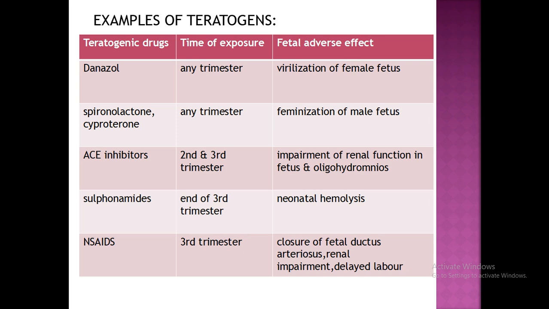Between the arteries which supply blood to the pulmonary veins, there is the ductus arteriosus. So exposure to NSAIDs will lead to closure of the fetal ductus arteriosus. So there will be reduced blood flow to the pulmonary veins. Then renal impairment and delayed labor.